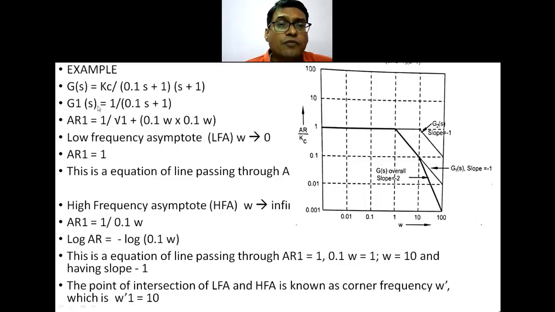One by one, first we will see the transfer function for 0.1 s plus 1. The amplitude ratio is equal to 1 upon under root of 1 plus (0.1 omega) whole square. That is nothing but 1 upon under root of 1 plus (omega tau) whole square. That is the amplitude ratio for a first order system.